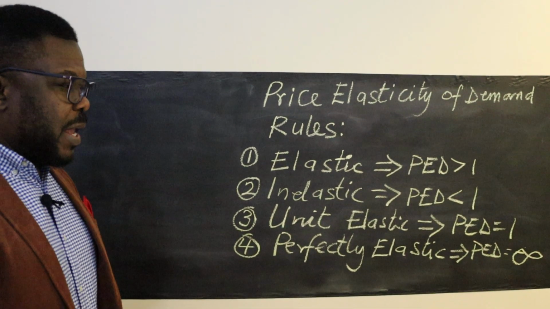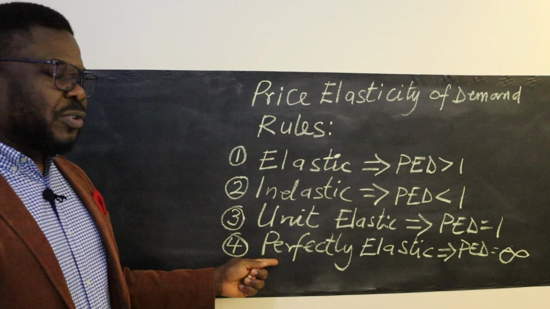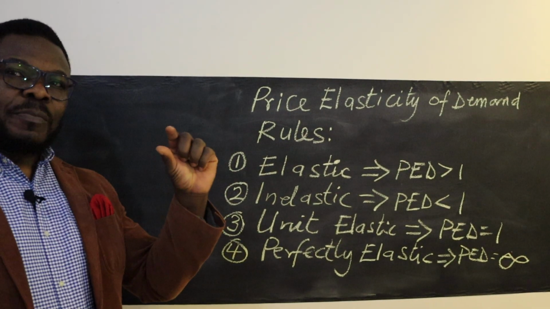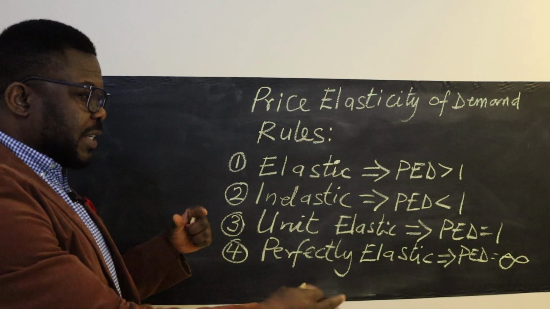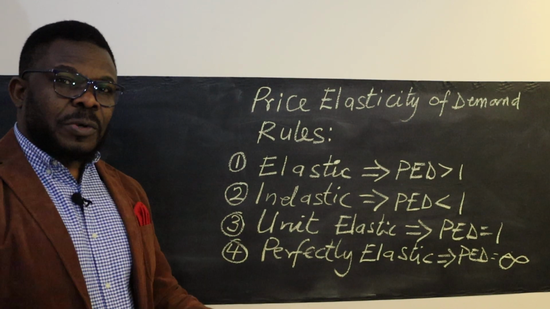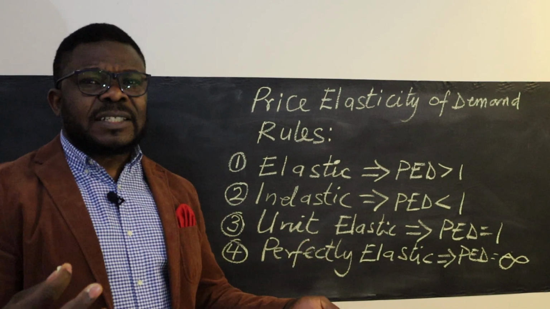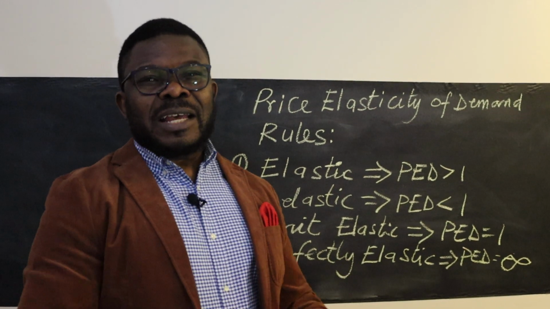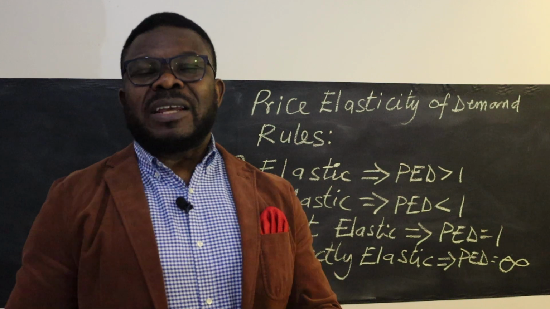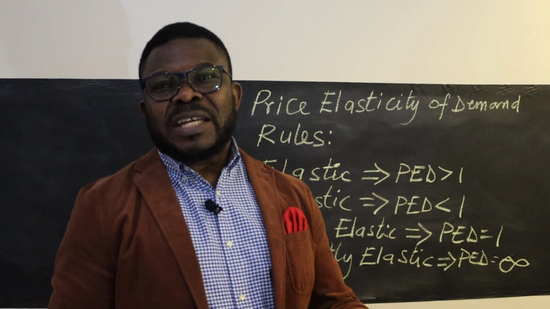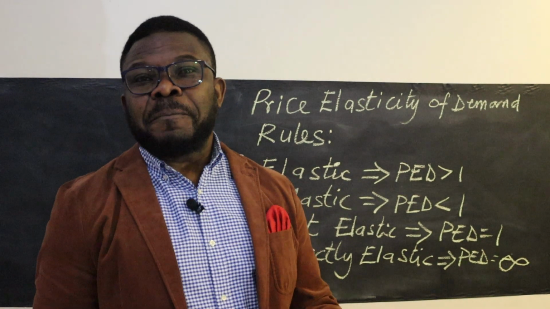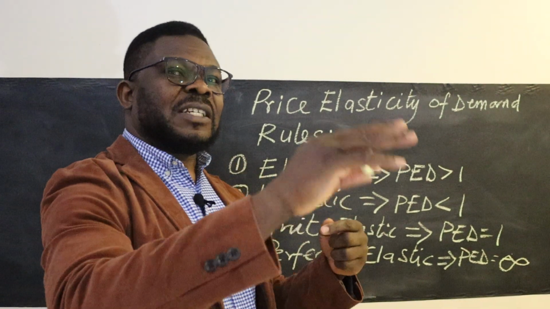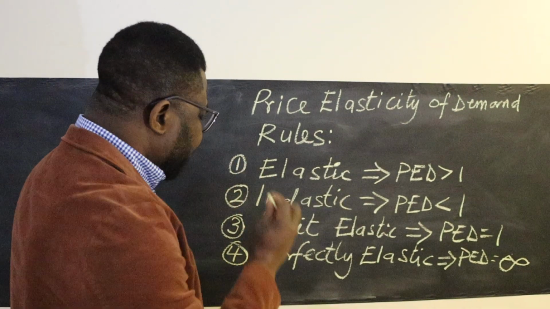Okay, what does that mean? Well, it means that price remains at one value. Price doesn't change. What is actually changing is the quantity. So when you do your calculation, you're going to come out with a very large number. Actually, in mathematics, there's no such thing as infinity. If I ask you to show me an infinite number or an infinity, you're not likely to write any number for me. Infinity just means you have a very large number which doesn't end.